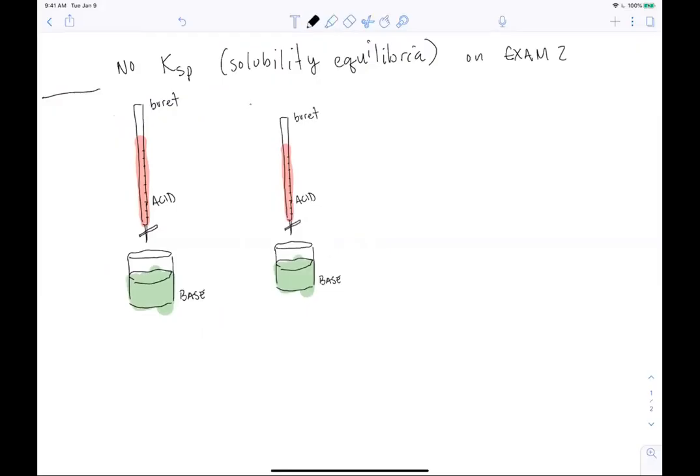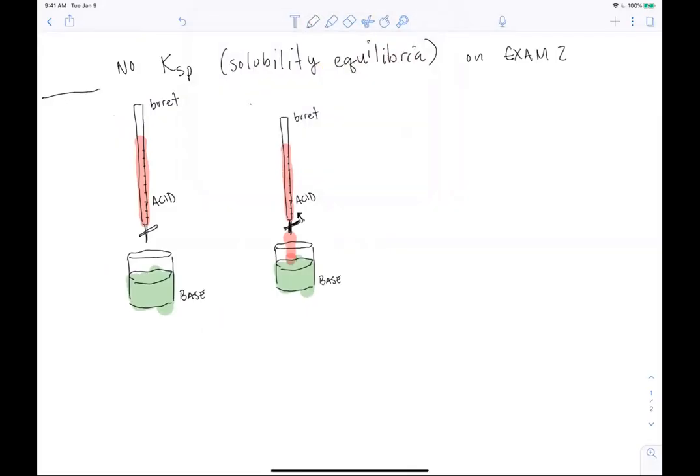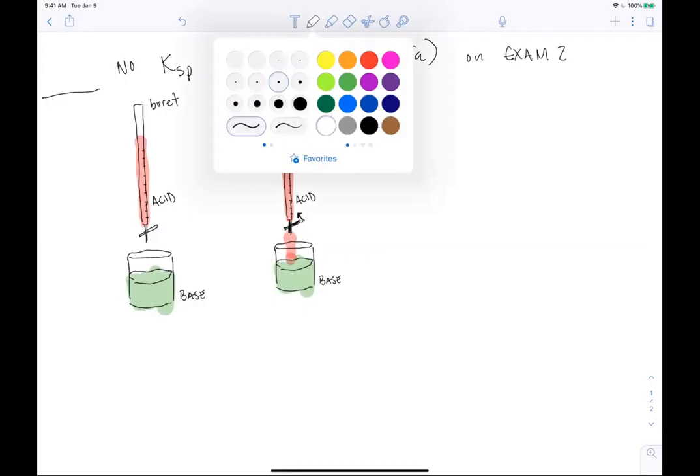If we take this stopcock and turn it this way, acid will start pouring into this flask here. And the amount of acid that goes down, we can measure because it's going to disappear from up here. These little graduations on the side of your burette allow us to know how much acid we're adding.